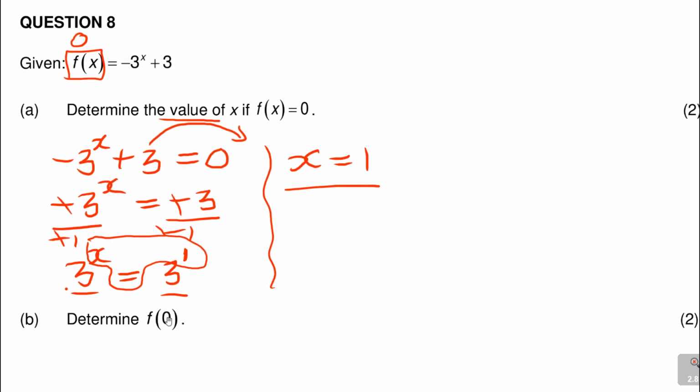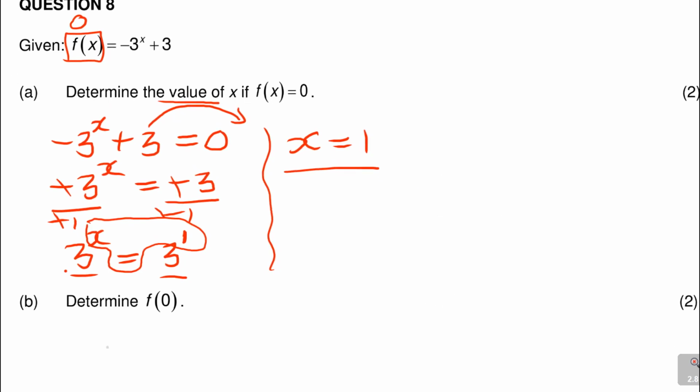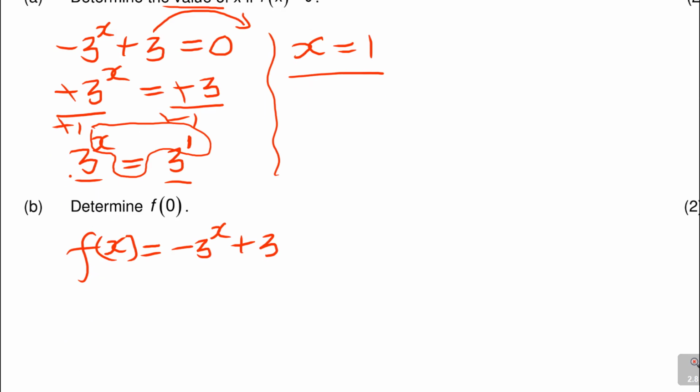The next one, determine f0. 2 marks. I don't know why they made it 2 marks. Now, f of x here is equal to negative 3 exponent x plus 3. But now they are saying f0. So f0 is equal to negative 3 to the power 0 plus 3, right?